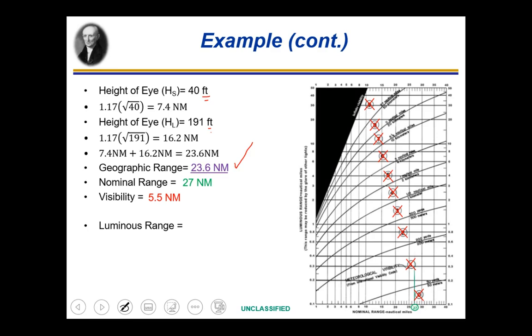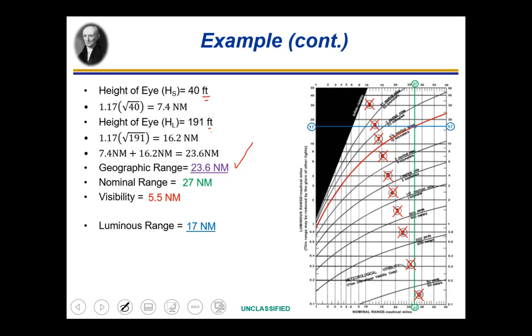So first of all, we're going to find where 27 nautical miles happens to be. So 2 over from 25, we'll draw a vertical line straight up. Now we're going to take that 5.5 nautical mile curve right there, and we're going to plot an intersection point. And from that intersection point, we'll draw a horizontal line over to the y-axis and read off that value.